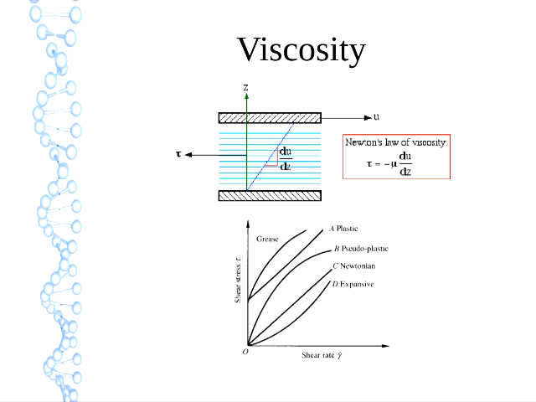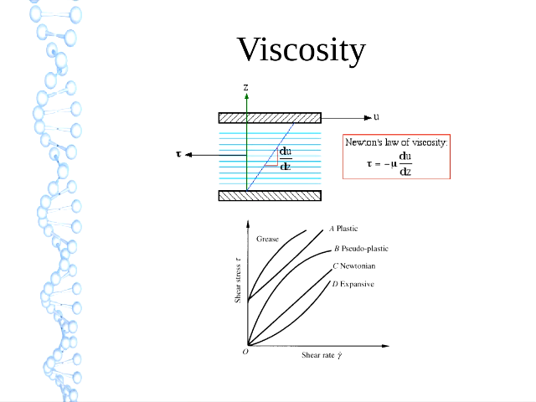So I mentioned molasses and water and the difference in their viscosity. So let's take a minute real quickly to go over what viscosity is. You've got two surfaces moving, you can plot the shear stress versus the shear rate.